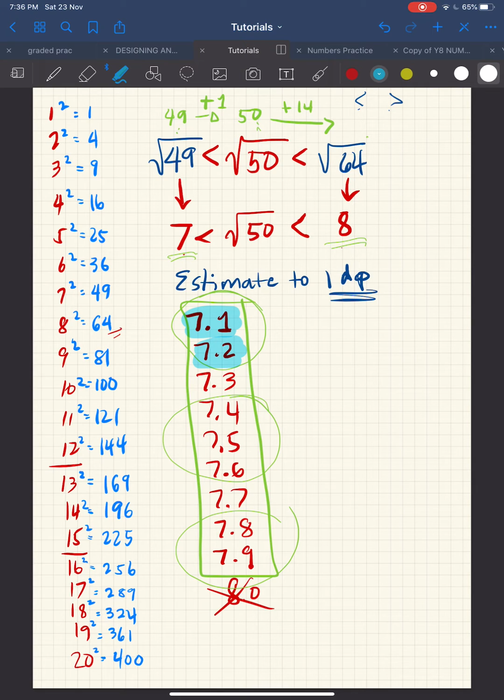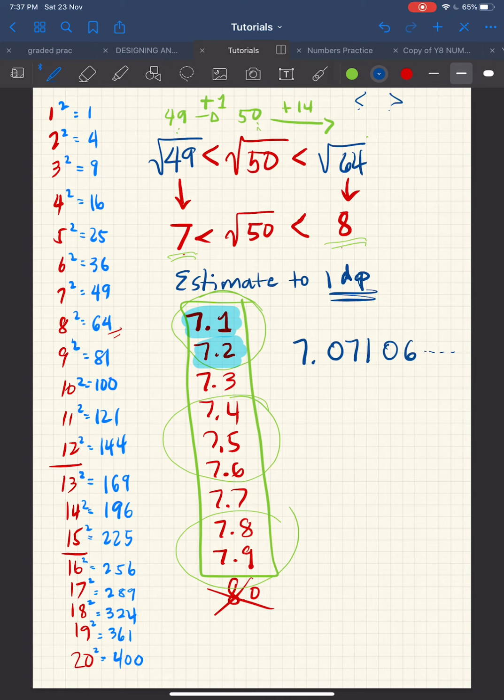So that is what we are trying to do. What exactly is the square root of 50? Let's check. If you calculate it, the square root of 50 is actually 7.07106, and it goes on.